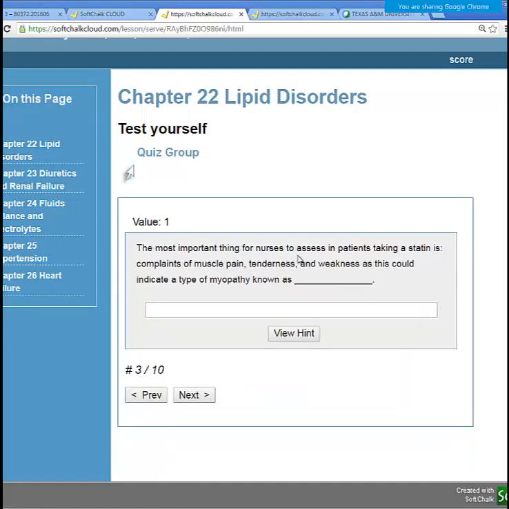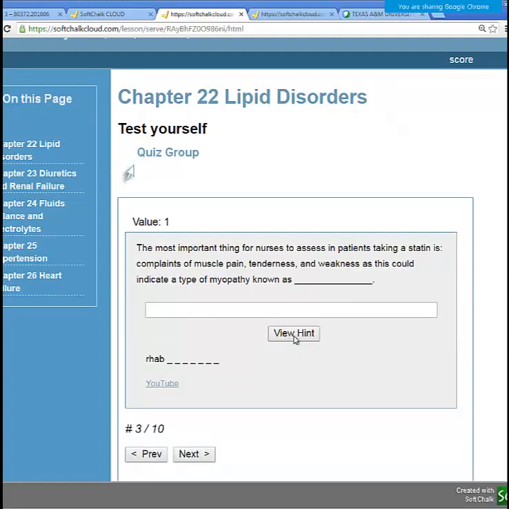The most important thing for nurses to assess in patients taking a statin is complaints of muscle pain, tenderness, and weakness, as this could indicate a type of myopathy known as, and this is a really long word, rhabdomyolysis. It will actually cause renal failure.